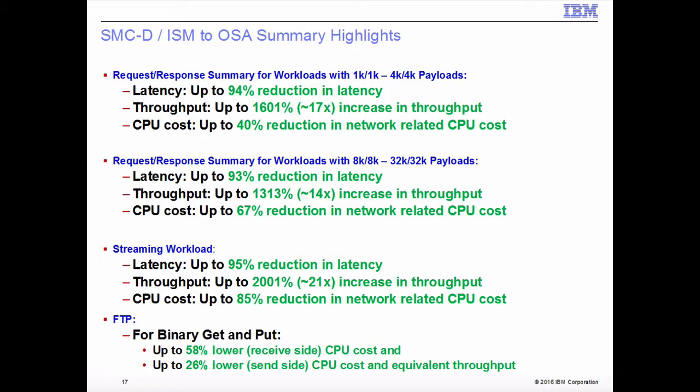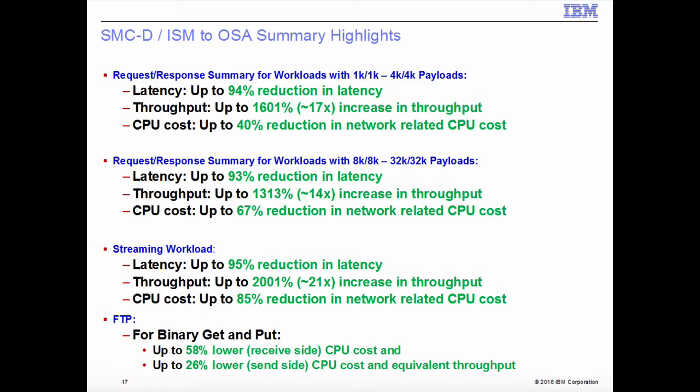Now what we added on this chart was finally a real workload, FTP. We look at how the streaming really translates to something that's real. As most of you know, for FTP we cannot change the throughput. The networking is essentially waiting on the DASD I/O processing. So what we can do is provide efficiency improvements for networking, but the bandwidth itself is not going to change, because the bottleneck is I/O.